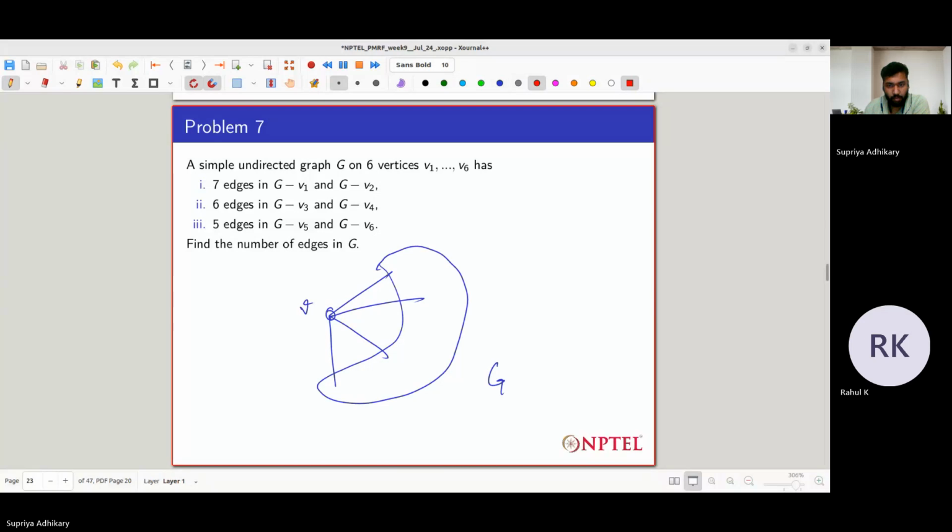So if the total number of edges in G is |E|, then in G minus V, the number of edges would be |E| minus the degree of V, because all these edges that were incident with this vertex V are deleted. So the total number of edges that we're deleting from this graph is the degree of V.